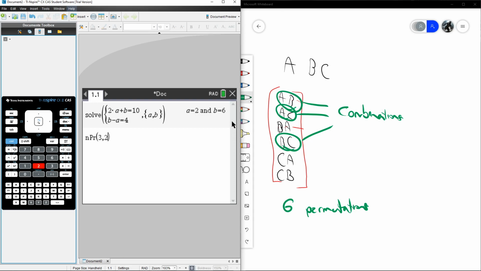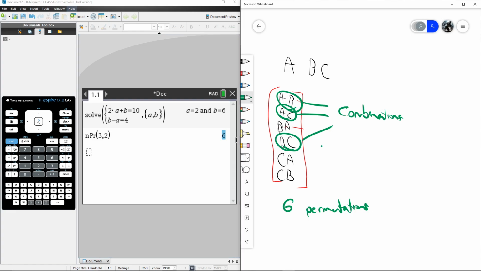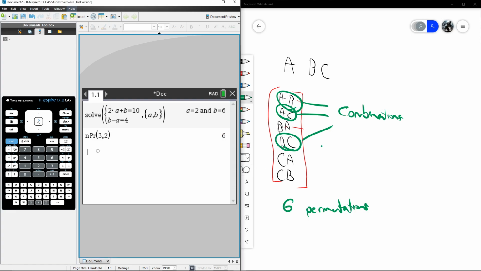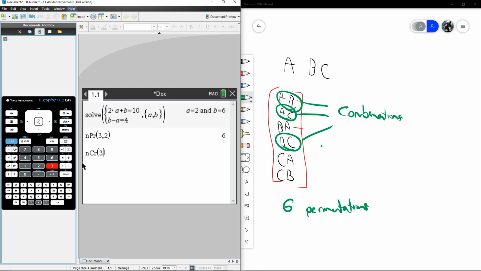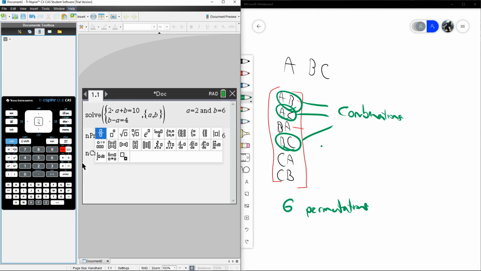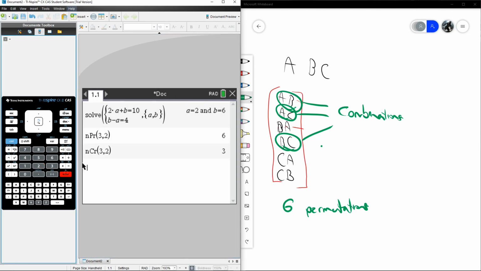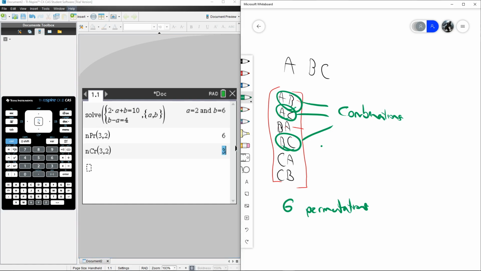So this is the number of letters you would have in each pair, or triplet if you make it 3. But in this case, we just have 2, so we'd enter and get 6. That was what we got over here. You have 6 options. Now if we go to probability, combinations, this doesn't care about order. So you do 3, 2, then you get 3, which is what we found over here. The number of combinations is 3, because these are just duplicates of these.